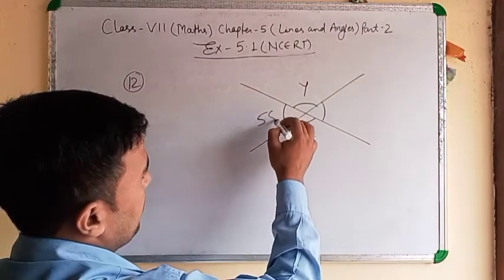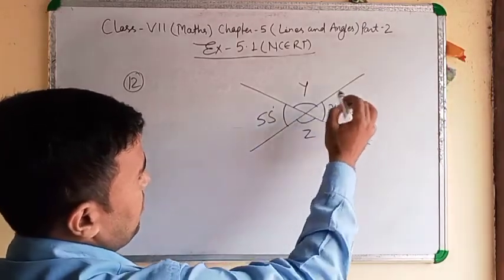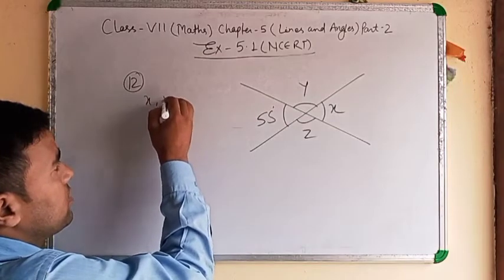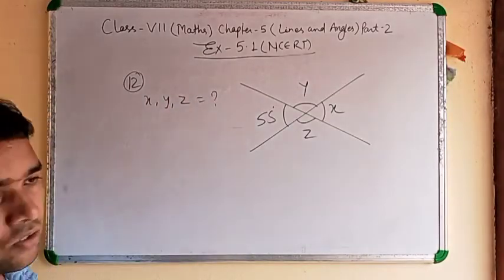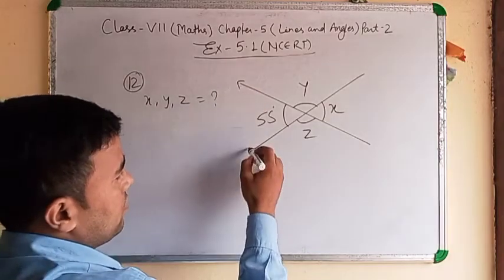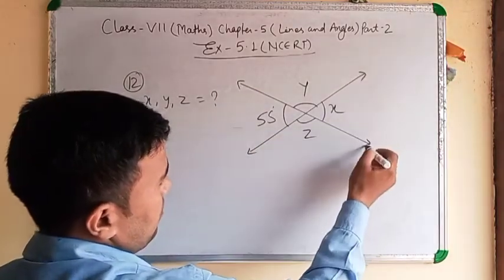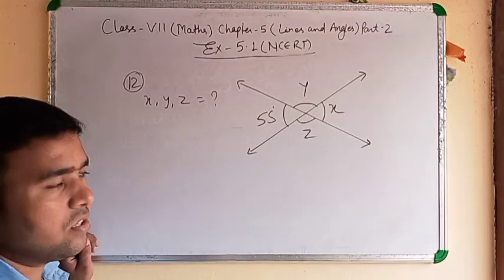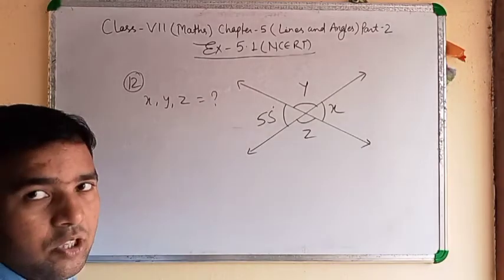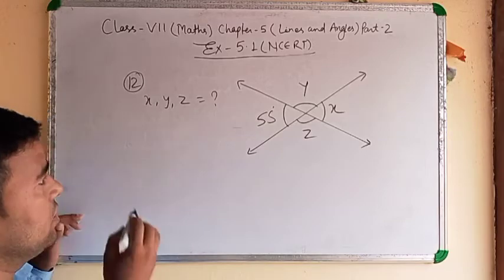It is 55 degrees. Find the value of x, y and z. No problem is there. Vertically opposite angles, I told you in the introduction. If you have seen that video, you can do it very easily.